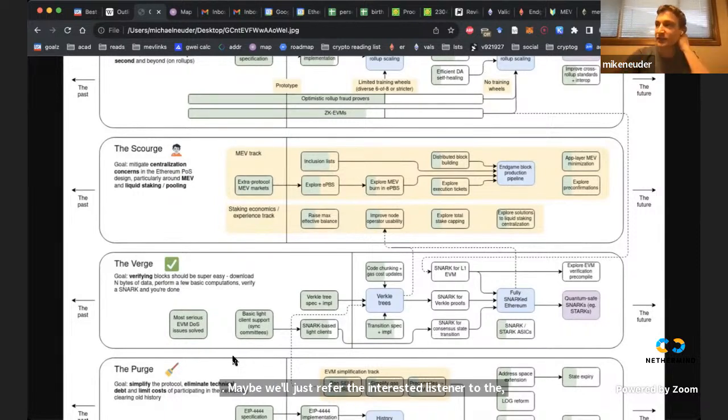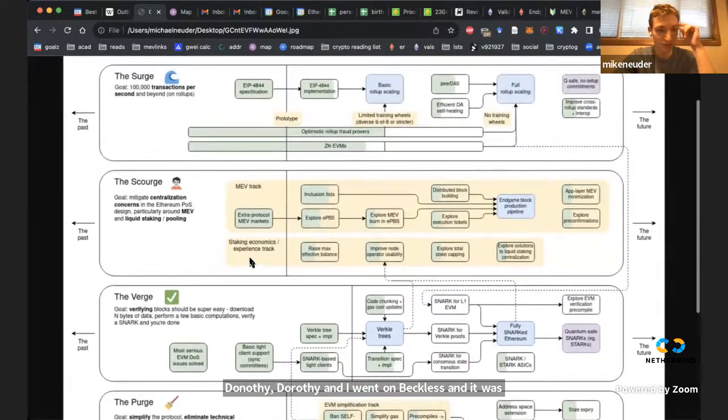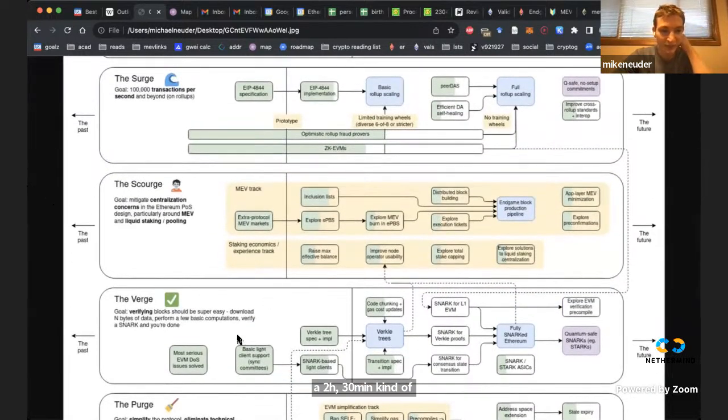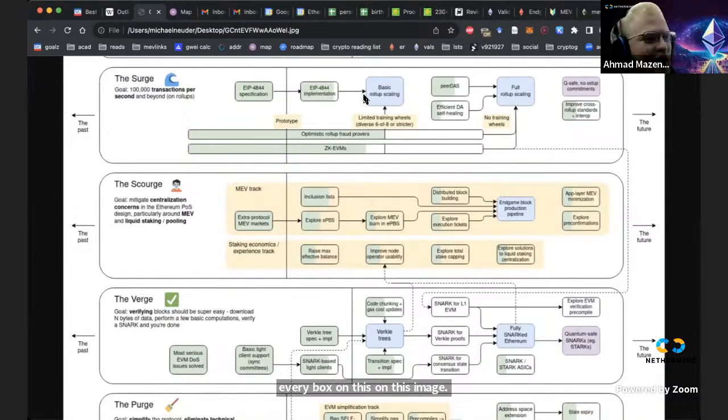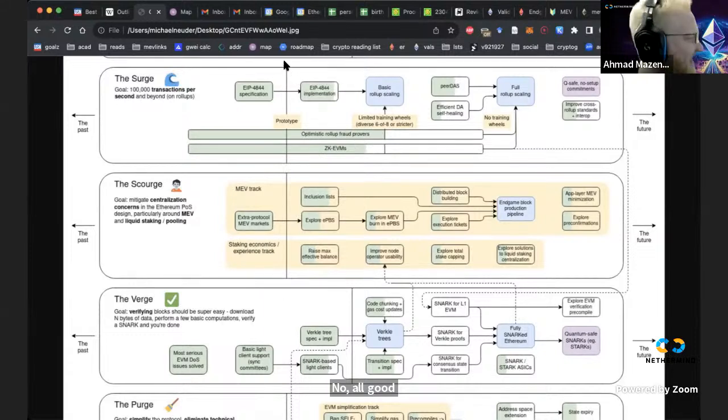Domothy and I went on Bankless, and it was a 2-hour, 30-minute bonanza going through basically every box on this image. So maybe that's the right place to circle back. I'm sorry about this tight schedule, but we have a lot of guests, and we have a lot of questions and discussion points to talk through with everyone. But we of course love to have you.